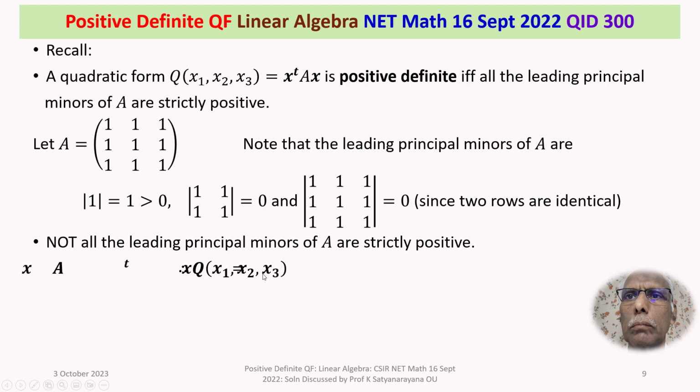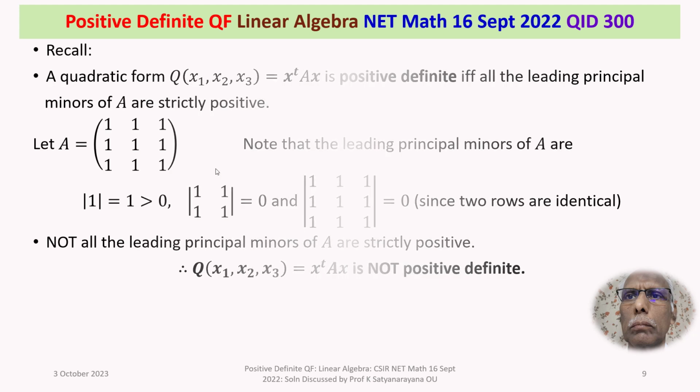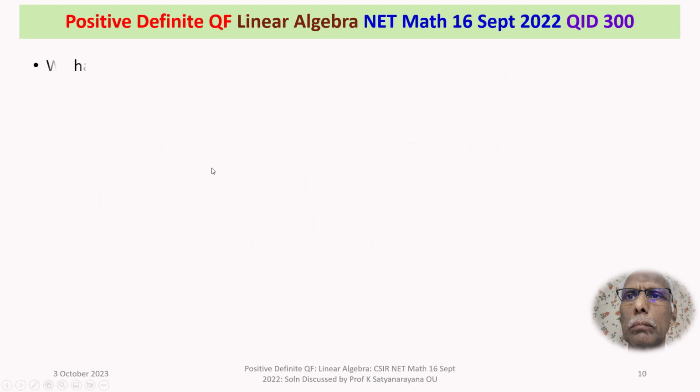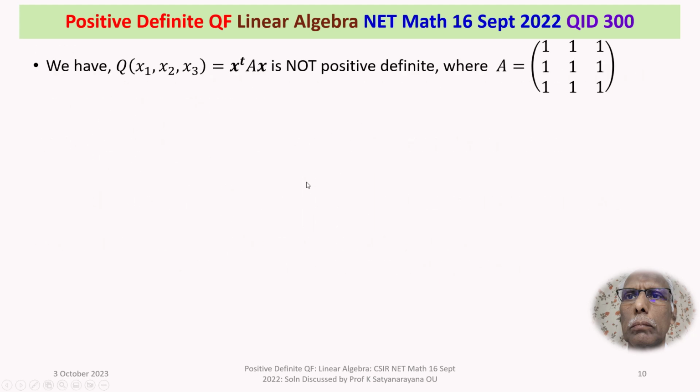Therefore, Q of x1, x2, x3, x transpose Ax for this matrix A, is not positive definite. This example is necessary for ruling out options 3 and 4. So for this matrix, the corresponding quadratic form is not positive definite.